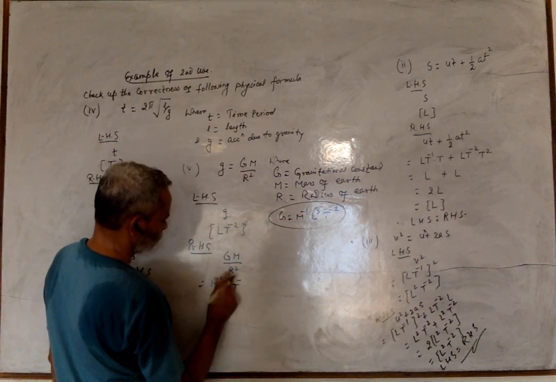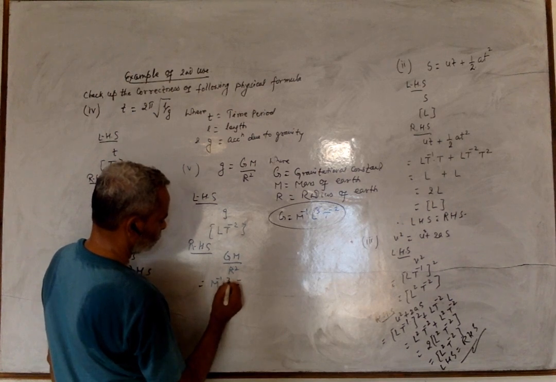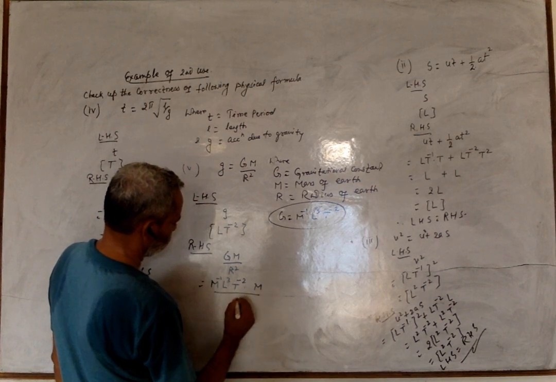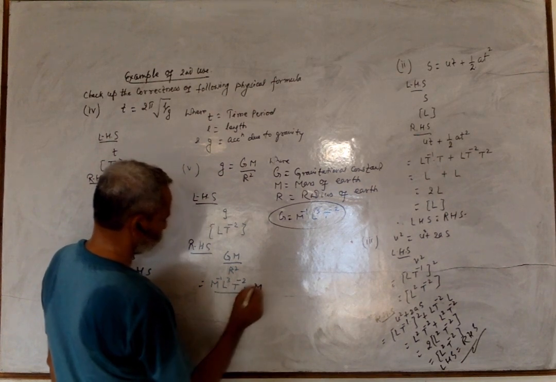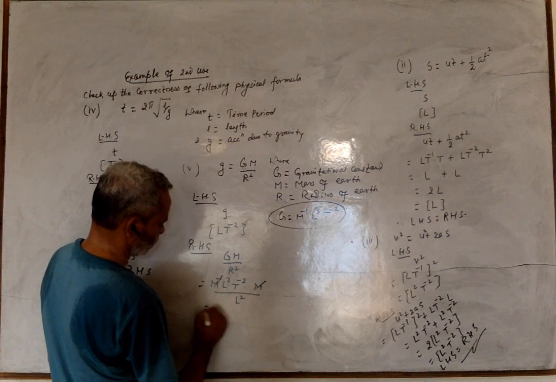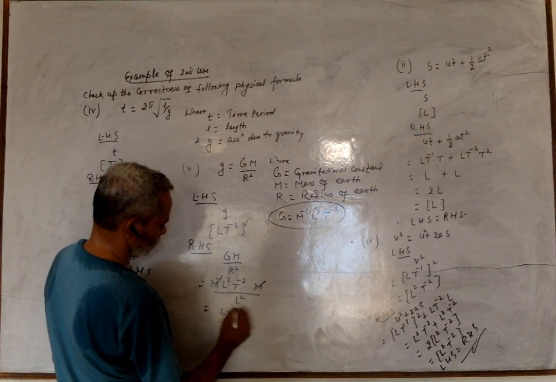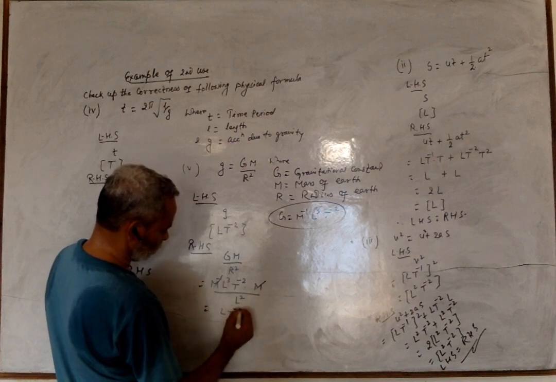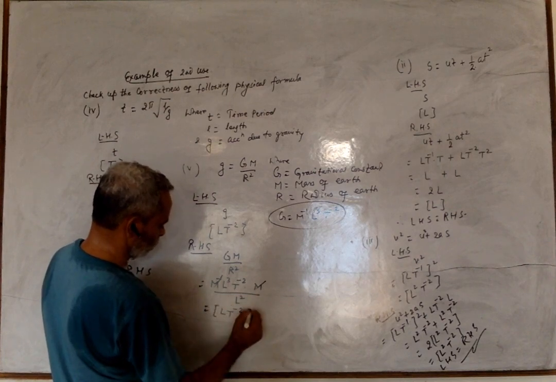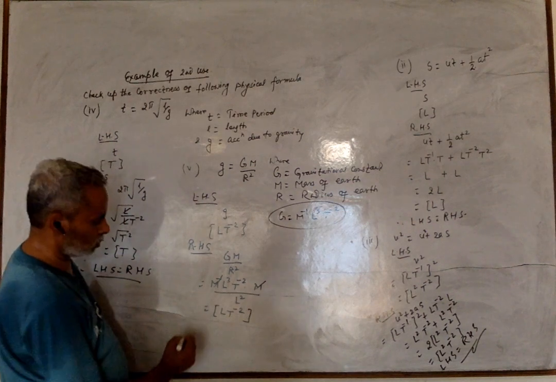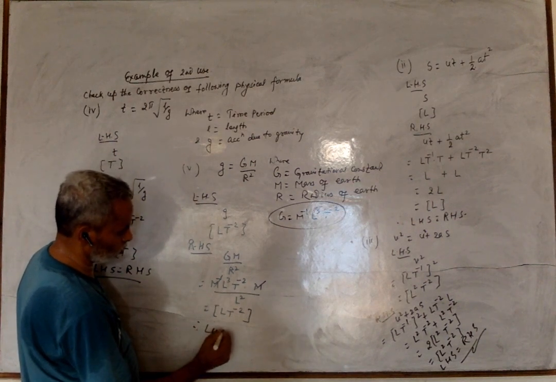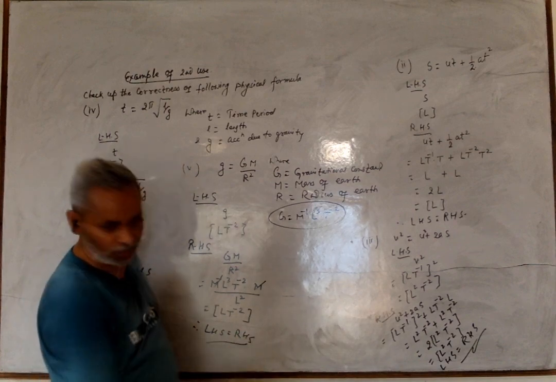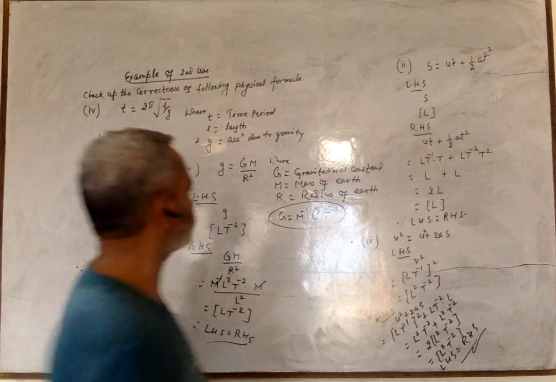So M minus 1 L3 T to the power minus 2, times M, by L2: M cancels, L square cancels. After clearing, we get LT to the power minus 2. Therefore LHS equal to RHS. Hence this formula is dimensionally correct.